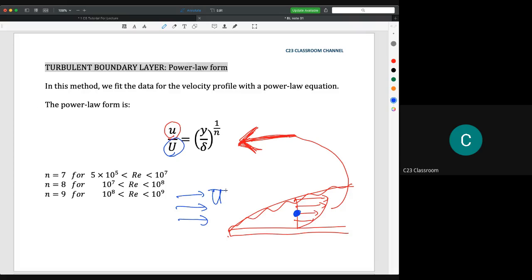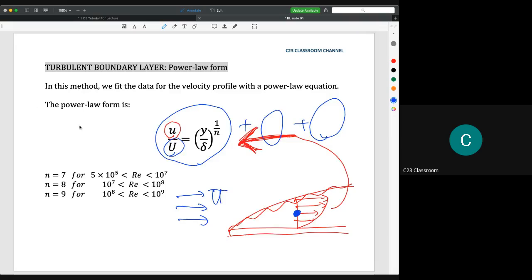The same idea as the laminar boundary layer, but we don't have any plus something or plus something, so it will not have that kind of velocity distribution. The velocity distribution only occurs in this term, 1 by the power of 1 over n.